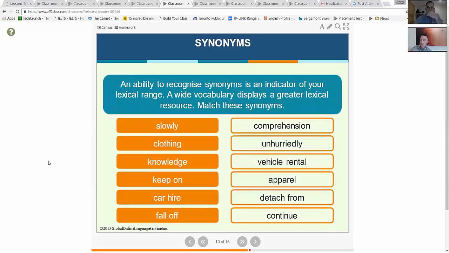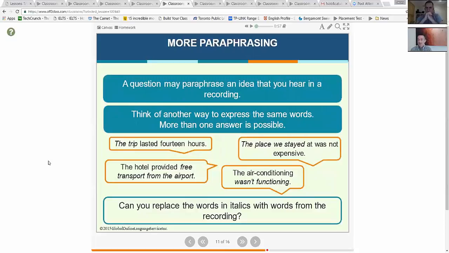It's usually too late. Most of us don't have photographic memories, so I would suggest just get a feeling for how they are, and obviously reading is the best way to increase vocabulary at this point. And I give them opportunities here also to do more and more paraphrasing.